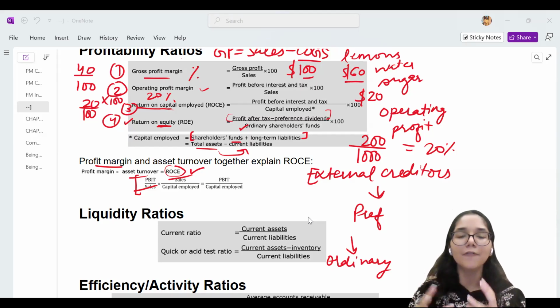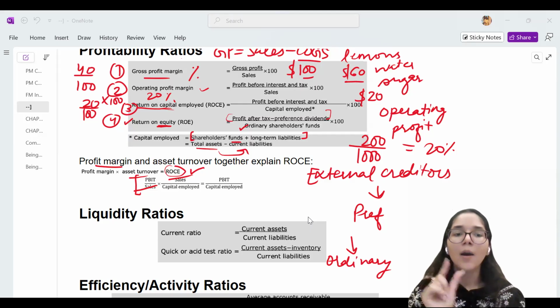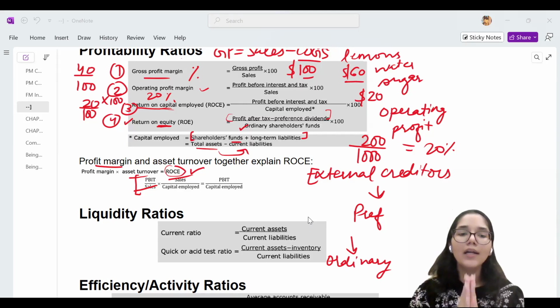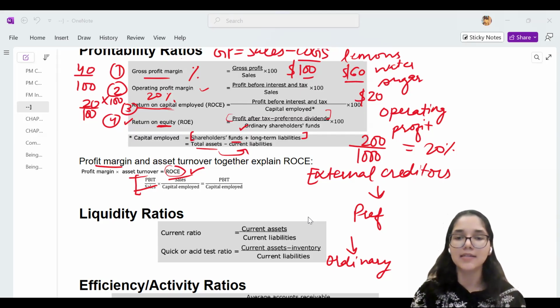So there are different ways in which we have to treat them. But when it comes to your return on equity formula, all dividends that you pay to the preference shareholders, be it redeemable or non-redeemable, everything has to be subtracted. Whatever is left after that, Lekhna, will be the profit which is available for the equity shareholders.